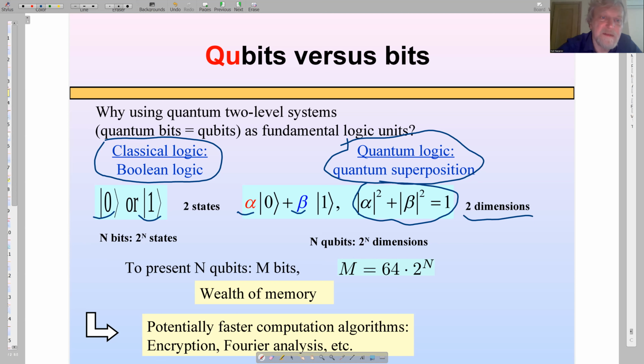So instead of two states, the classical states 0 and 1, we will have a continuous manifold of states, a two-dimensional manifold. Right.